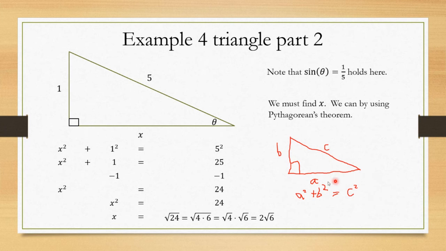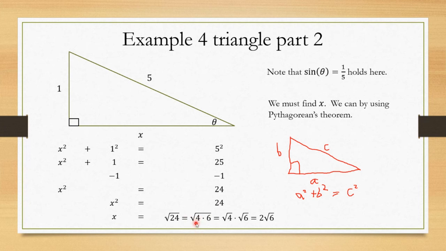So that's what we have here, and that's what I'm using here. So the unknown side, in this case the leg, would be the square root of 24. I did simplify it because 4 is a factor of 24, and 4 is a perfect square.